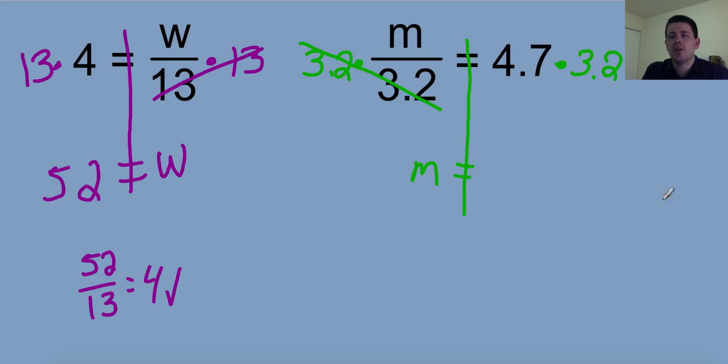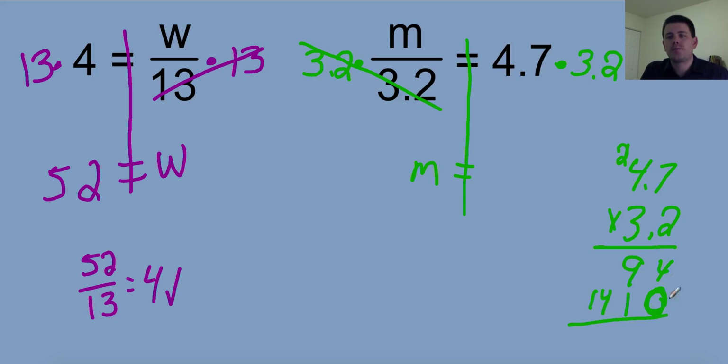Over here, I need to do a little multiplication. 4.7 times 3.2. Luckily, we remember how to multiply. 2 times 7 is 14. 2 times 4 is 8, plus 1 is 9. Start that second row, so I got to start it with a 0. 3 times 7 is 21. 3 times 4 is 12, plus 2 is 14.